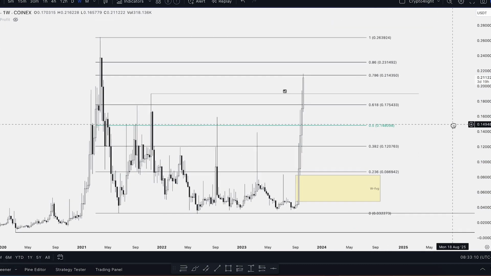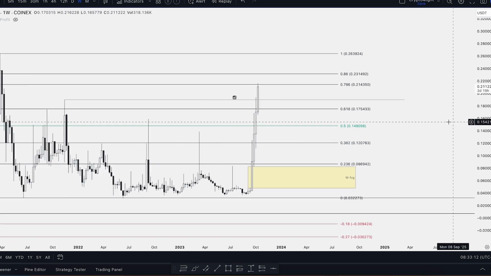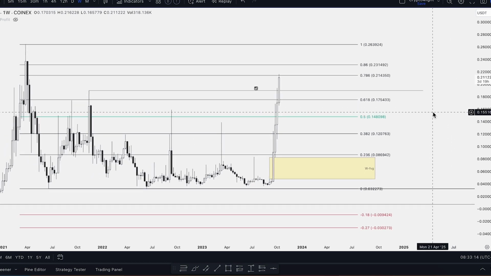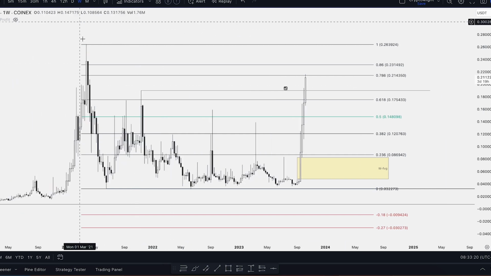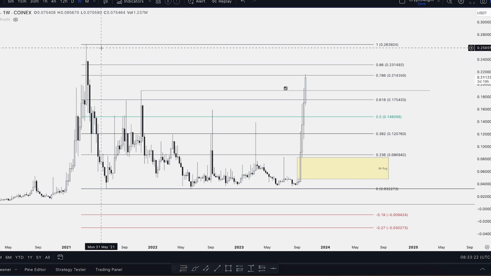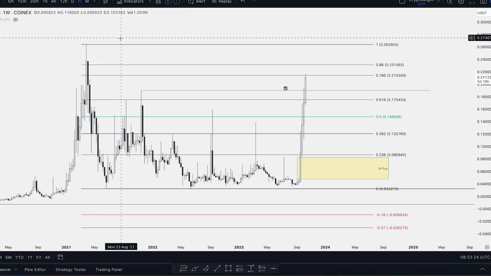If we take a look at the global FIB, the Loom historical FIB, it's important to remind the correct FIB. I always try to find the correct FIB on the weekly time frame. If we talk about investment, you already know it from my previous videos about altcoins.